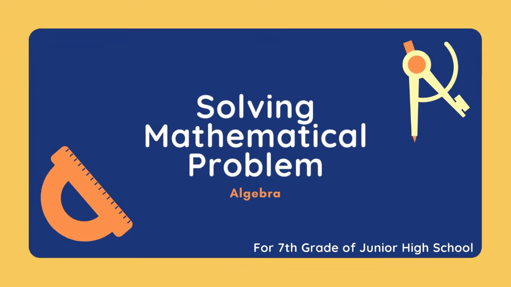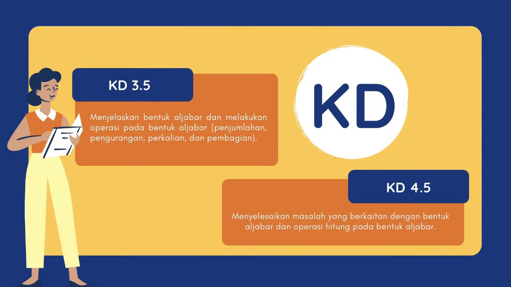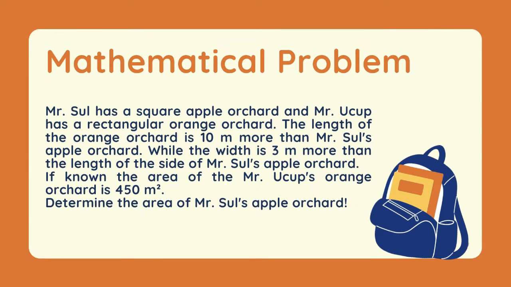So, here we go. These are the kompetensi dasar of the mathematical problem. Now we take a mathematical problem from an article related to Kreatif 3.5. And the problem is, Mr. Khusnul has a square apple orchard and Mr. Ucup has a rectangular orange orchard.